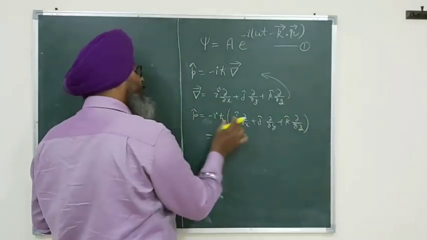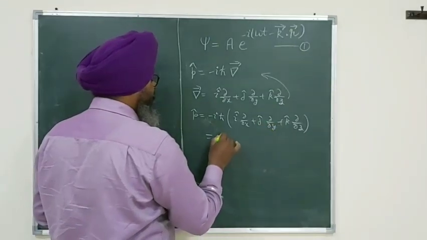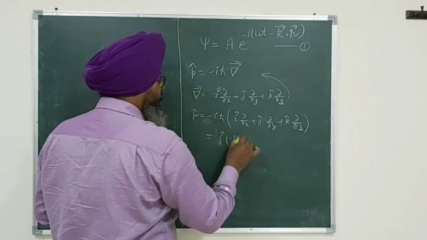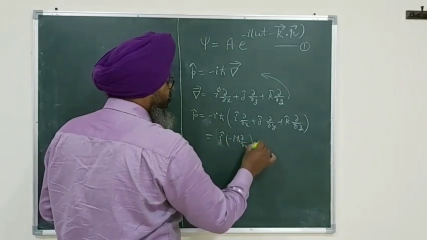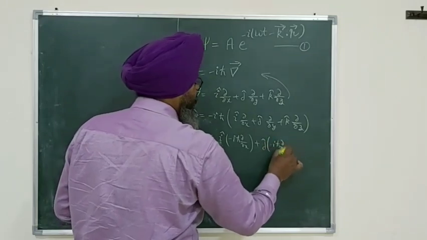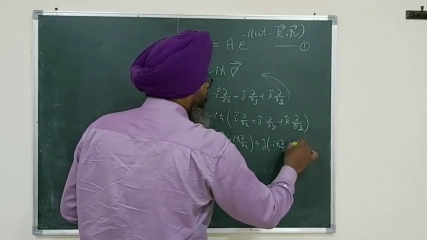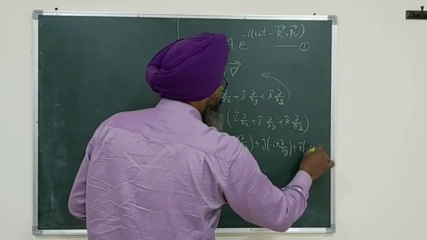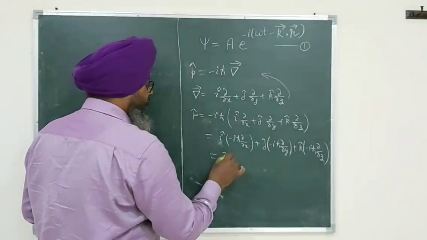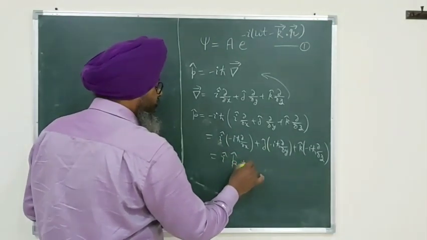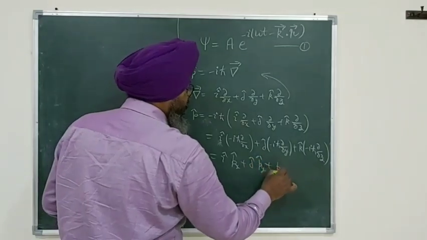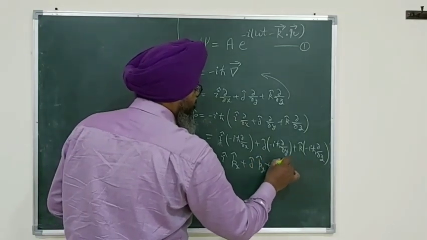If I put this value of del here, minus iota h cross times i cap curly upon curly x plus j cap curly upon curly y plus k cap curly upon curly z, and take this inside, it will become i cap into minus iota h cross curly by curly x plus j cap minus iota h cross curly upon curly y plus k cap minus iota h cross curly upon curly z. Now this will be i cap px cap plus j cap py cap plus k cap pz cap.